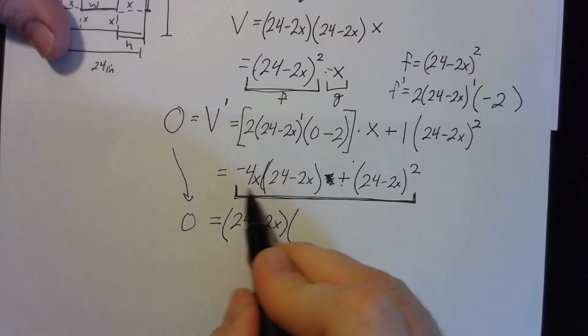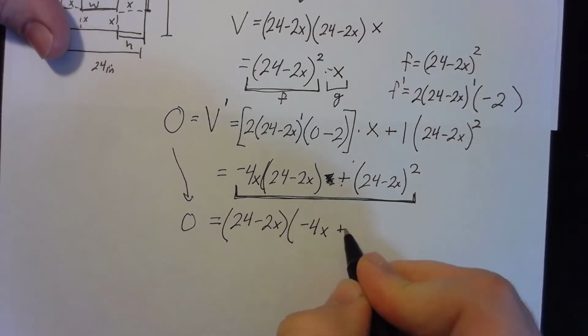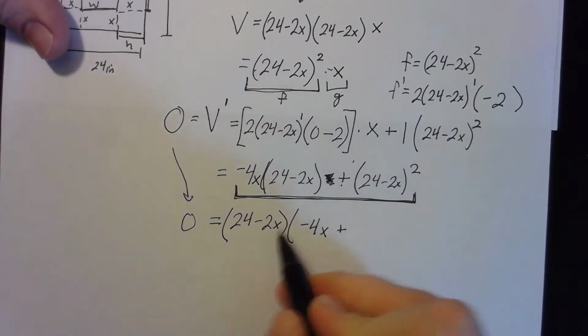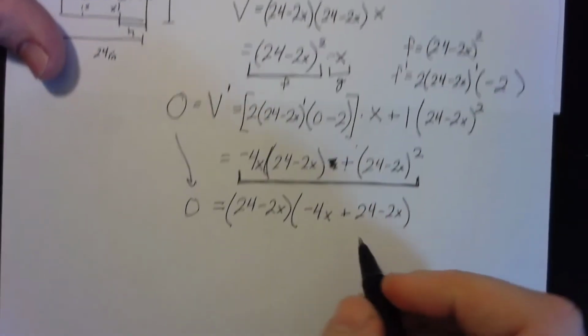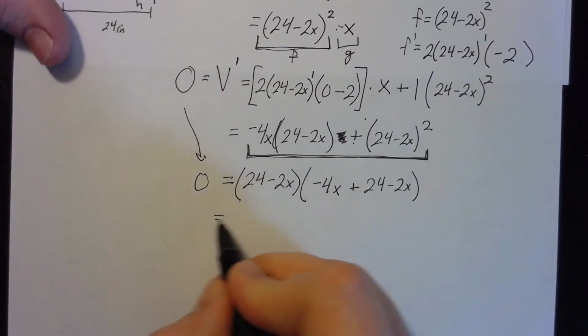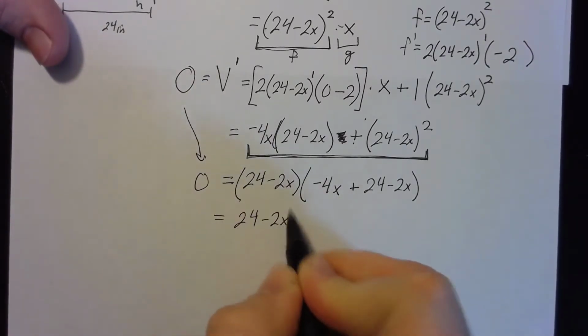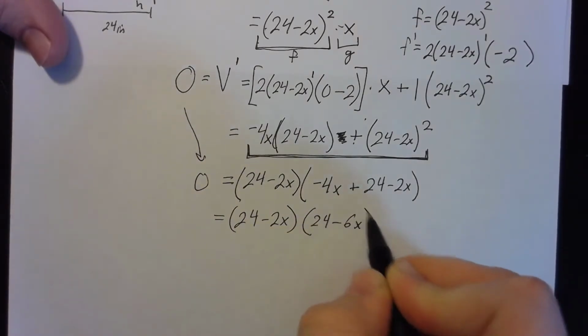Then I'm going to be left with, in this term, just a negative 4x, plus, in this term, after I've pulled out one of those, a (24 − 2x) left over. In which case, this is one of my factors, and this is the other one, which is 24 − 6x.